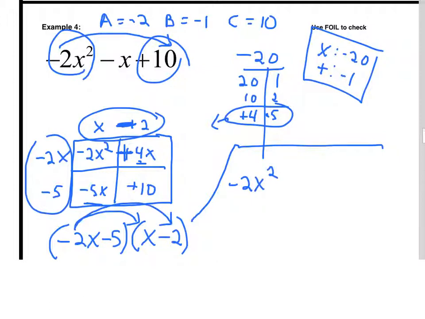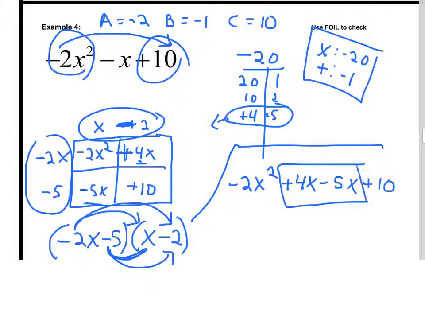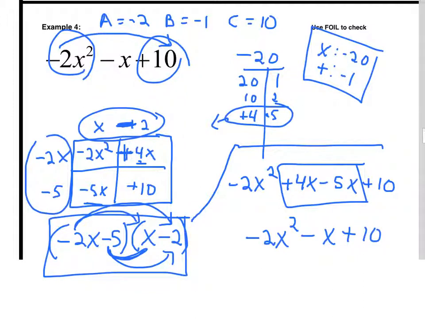Negative 2x times negative 2 gives me positive 4x. Then this gives me negative 5x. And then these two together make positive 10. And then if I add these two terms together, I get negative 2x squared minus x plus 10. Now, did I start with that? Yes. So that verifies that these two binomials are my answer.